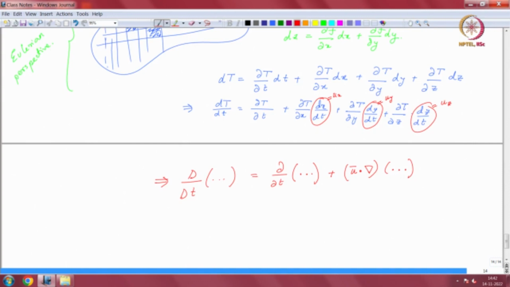So this is now my convective rate of change. This is my unsteady term, and this people call by various names, for example total derivative or Lagrangian derivative. So this just shows my Lagrangian rate of change.